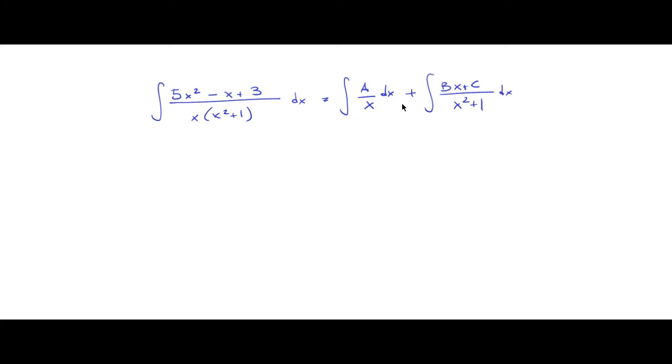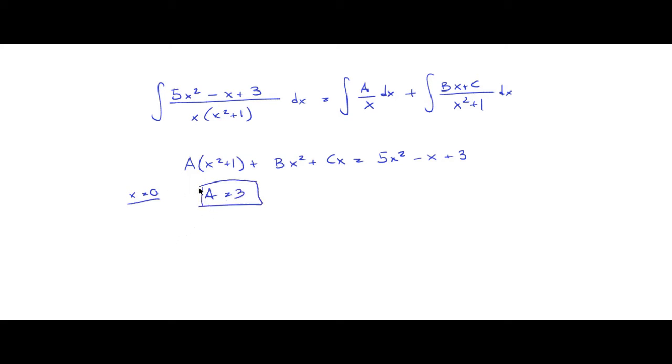And well, so now in order to get a, b and c, you have a times (x squared plus 1) plus (bx squared plus cx) equals 5x squared minus x plus 3, right? So now you have x equals 0, this guy and this guy go out, this is a equals 3, okay?